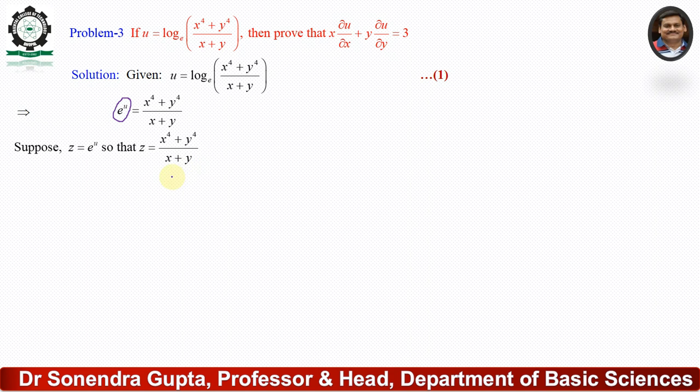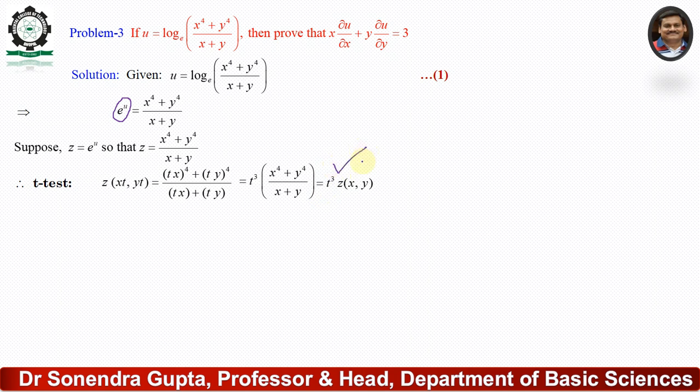Again applying the t test, t to the power 4 is common in the numerator and t is common in the denominator, that means t cube times (x to the power 4 plus y to the power 4) upon (x plus y), that means t cube z of x, y. So z is a homogeneous function in x and y of degree 3.